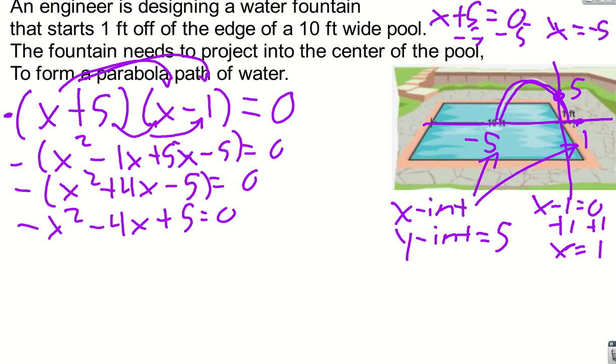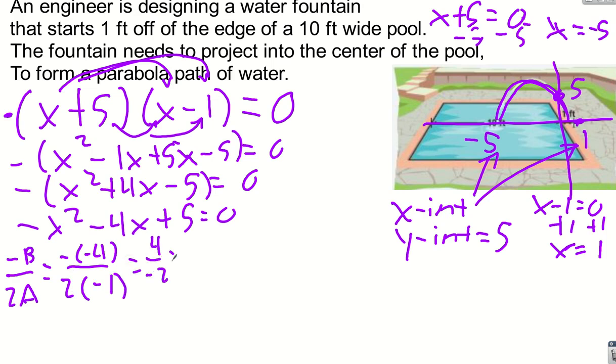Next thing we have to find is our axis of symmetry, which is just -b over 2a. This is my b term, so I have -4 over 2a. So there's my axis of symmetry. So to find out my vertex, I know my first term is -2, and I always have to find the y value.